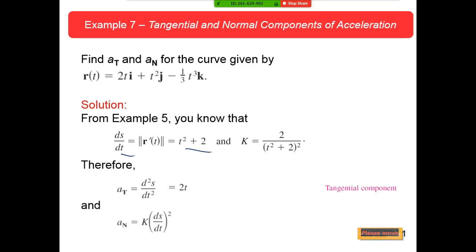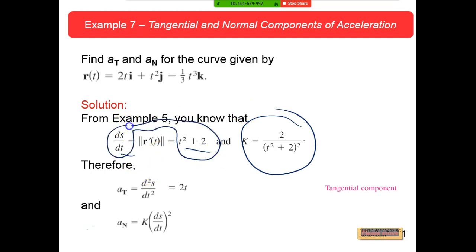And what you do to get the normal component is take your capital K that we already had and multiply it by this thing squared. Okay? Well, if you square that, you wipe out your denominator, because then they're both squared, and that's equal just to 2 over t squared plus 2 squared times t squared plus 2 squared. And the t squared plus 2's squareds go out, leaving you just the number 2. There's your normal component.